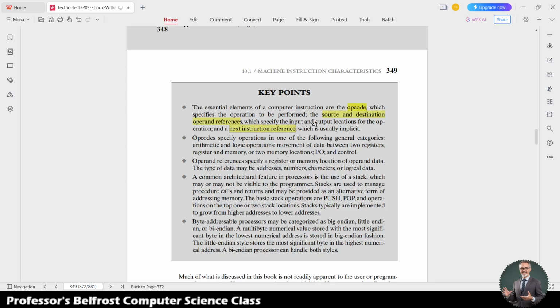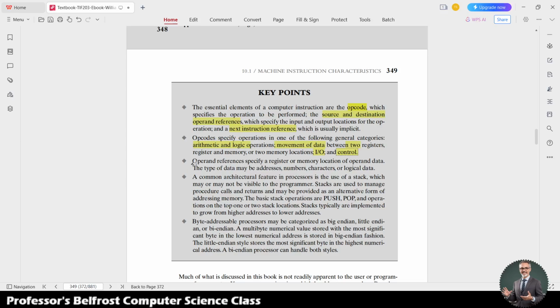Opcodes specify the operation in one of the following general categories: arithmetic logic, movement of data, I/O, and control. Actually, there are four things, right? Oops, it's quite difficult to highlight this. I've discussed this in, I think, the third or the fourth video.